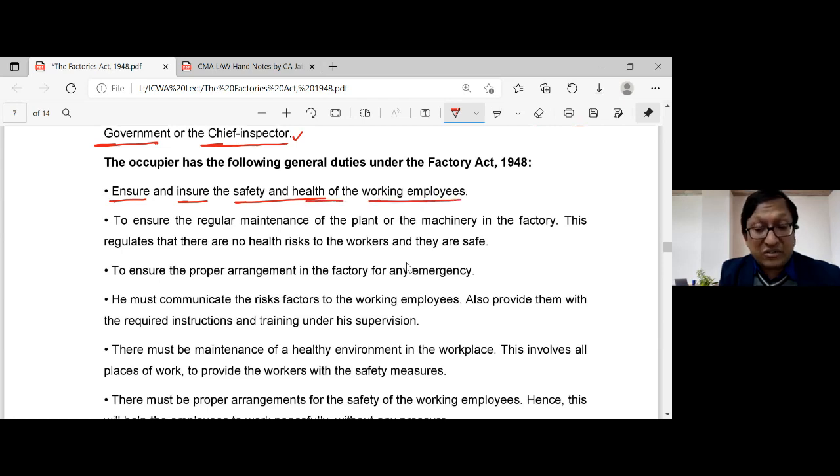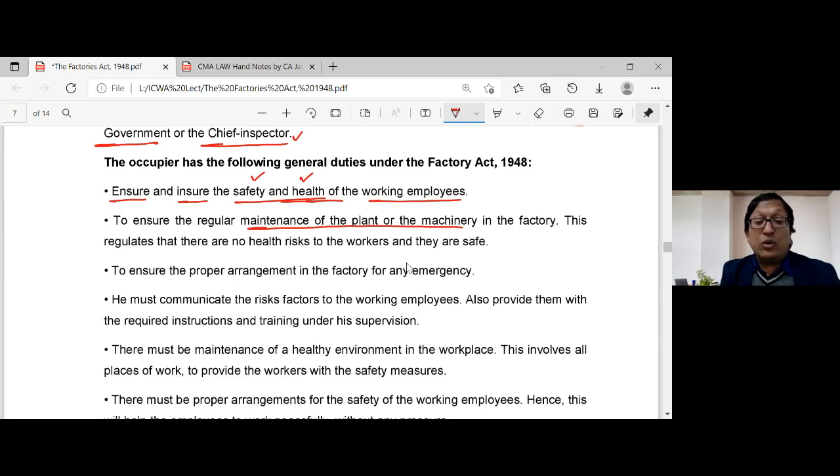Whosoever is working in the factory, whether an adolescent, male or female, ensuring their safety and health is the primary responsibility of every occupier. They need to ensure regular maintenance of the plant and machinery being used in the factory. It is their duty that machines, plant and machinery get proper maintenance.